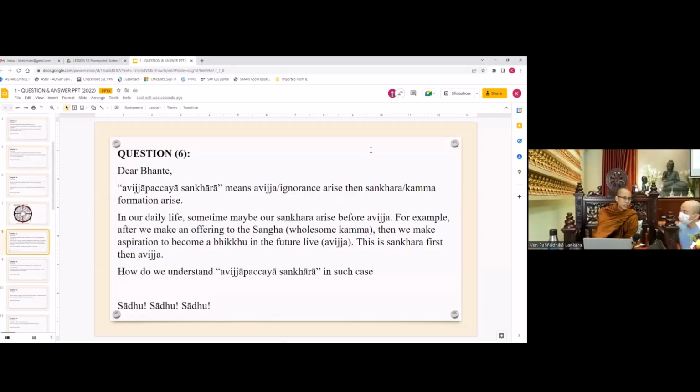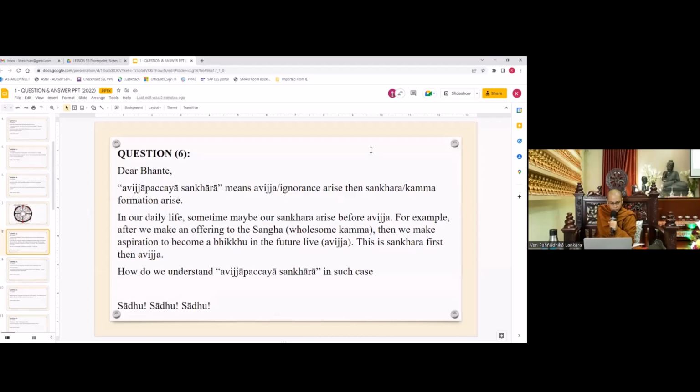Dear Bante, Avijja paccaya sankhara means avijja or ignorance arises, then sankhara or kamma formation arises.